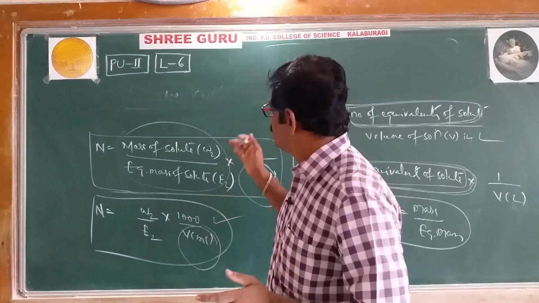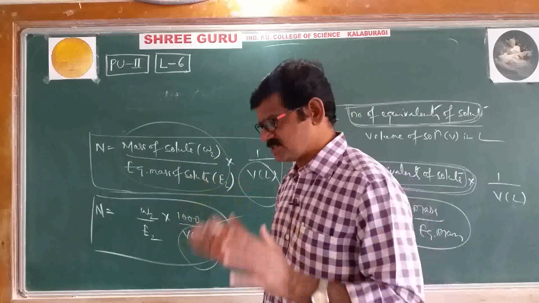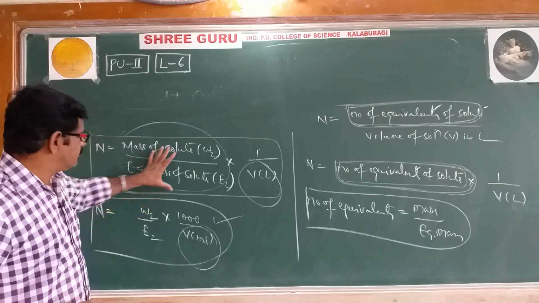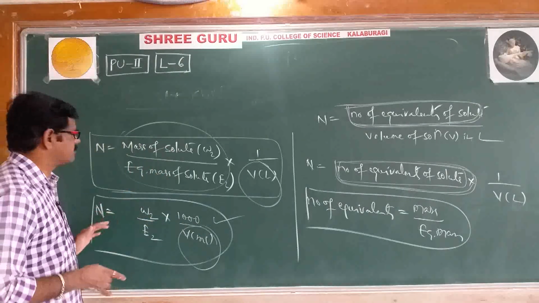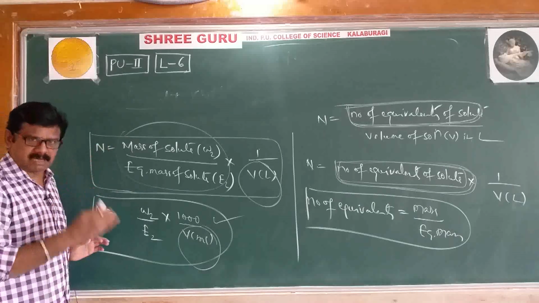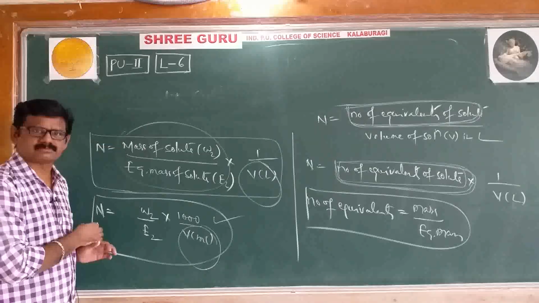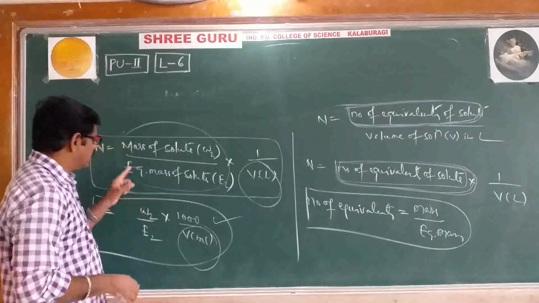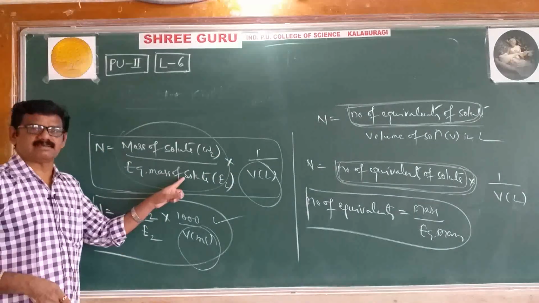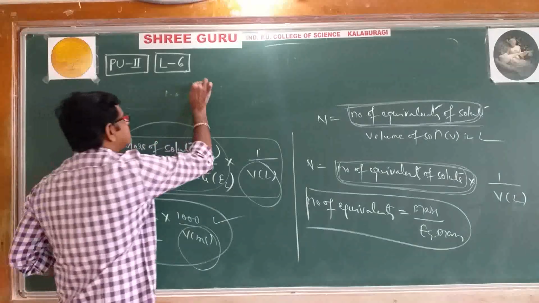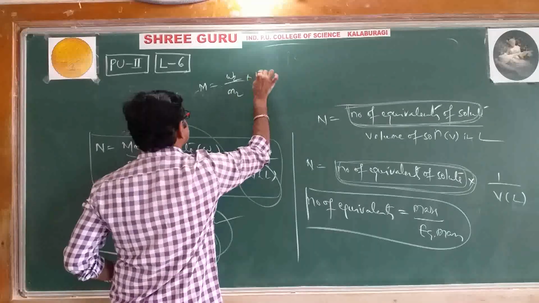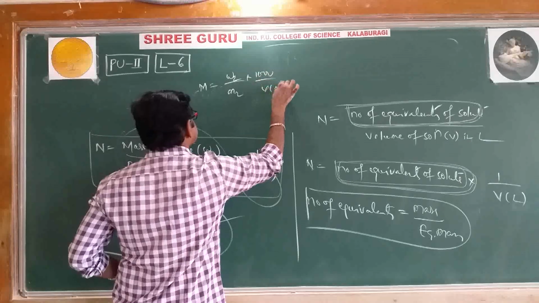Okay. This is about the basic definition of normality, right? Now, a question arises. If you see the formula, for normality we need mass, meaning mass of solute. We need the volume of solution. At the same time, we need the equivalent mass of solute. In case of molarity, once again we will recall, molarity equals mass of solute by molar mass of solute into 1000 by volume of solution in milliliters.